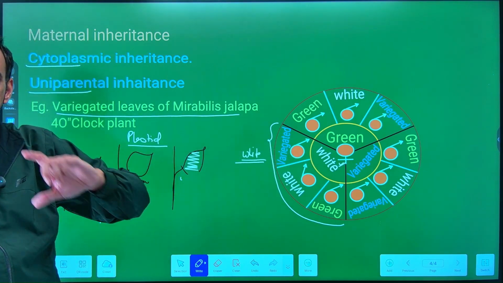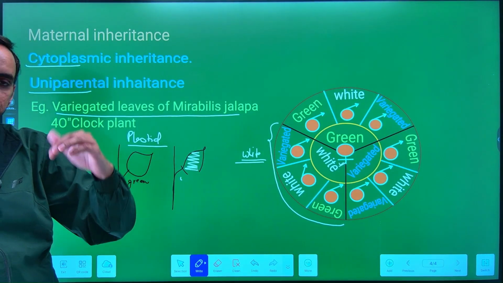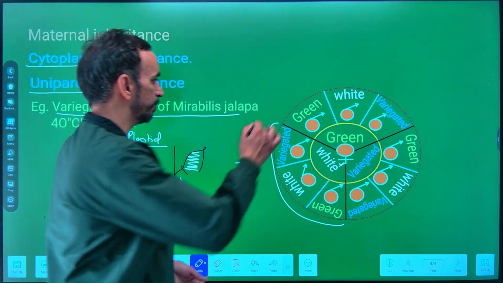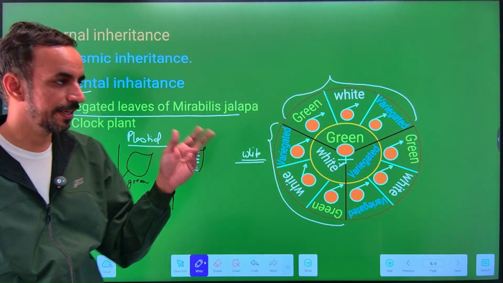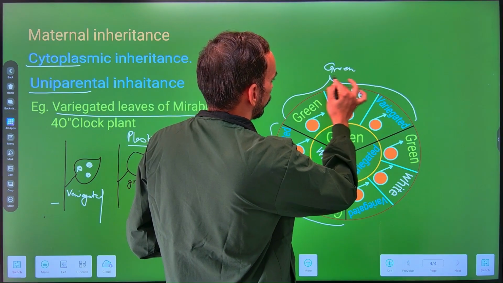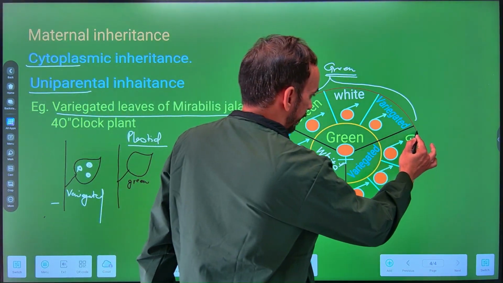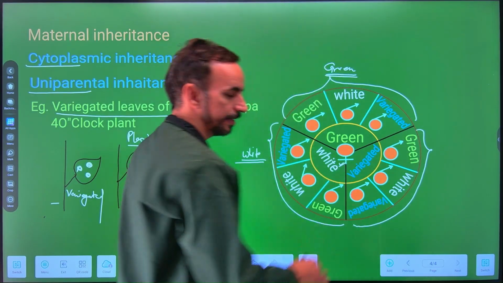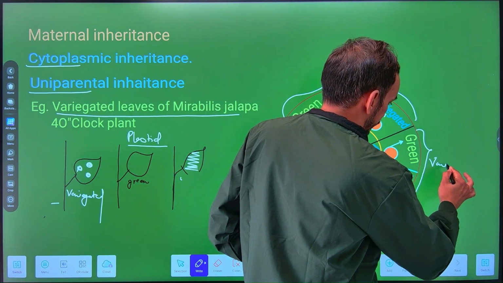From which side will the plastid come? From the maternal side, and the mother's phenotype will appear in the progeny. Suppose we take a green plant, regardless of the pollen grain, it will again give green progeny, because the maternal phenotype is green. Similarly, if we take a variegated plant as a female, then it will give all variegated progeny.